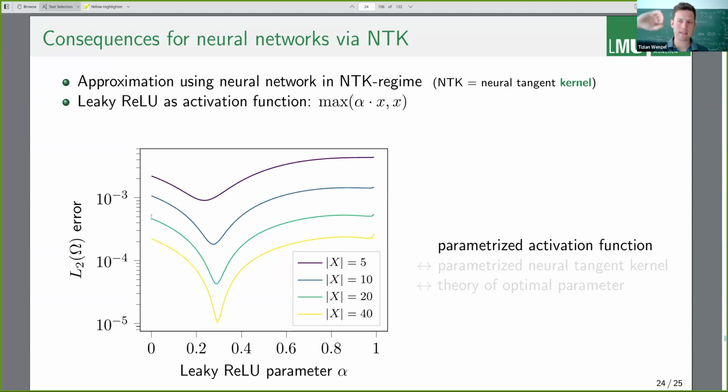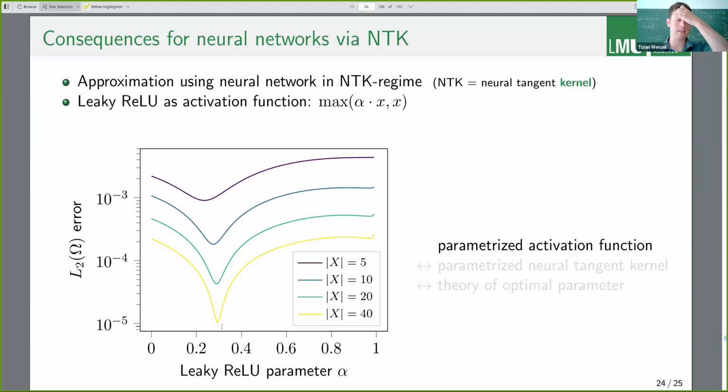And on the y-axis, again, I have measured some L2 approximation error, and these error curves indicate the number of points which I use, and we can see that for sure, the more points I use, the smaller my error is, but also the choice of the correct leaky ReLU parameter alpha is very important to obtain a small error of approximation.